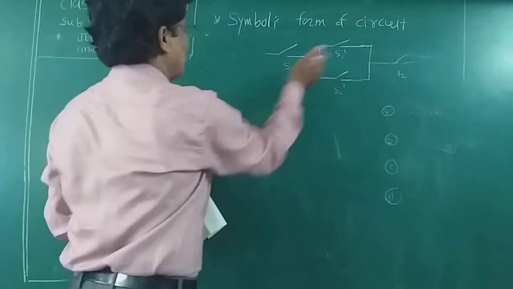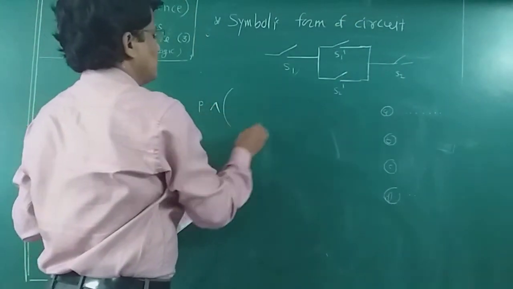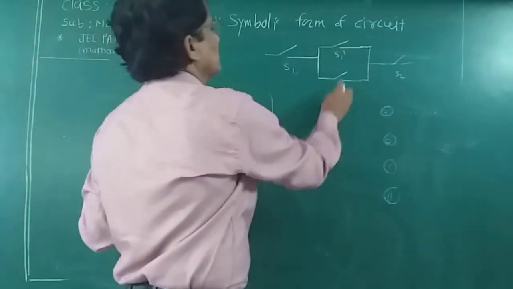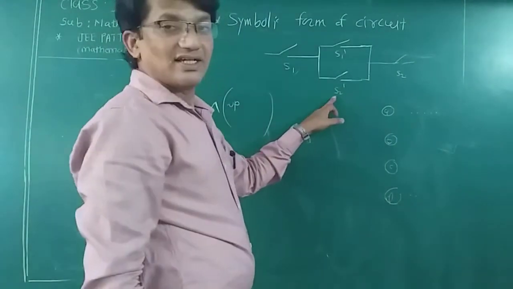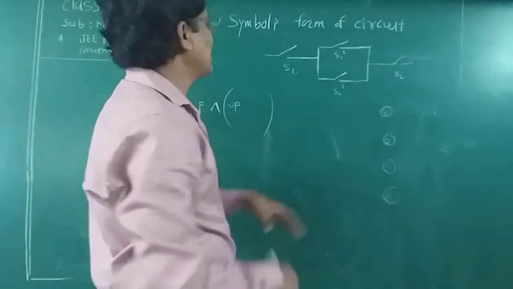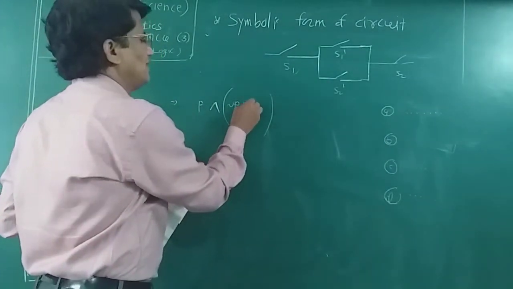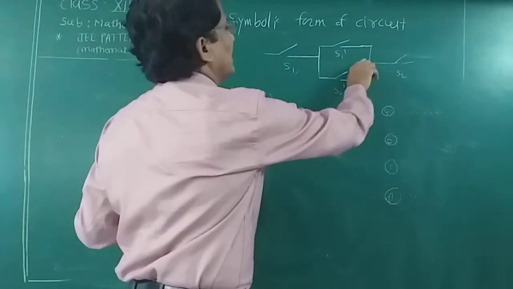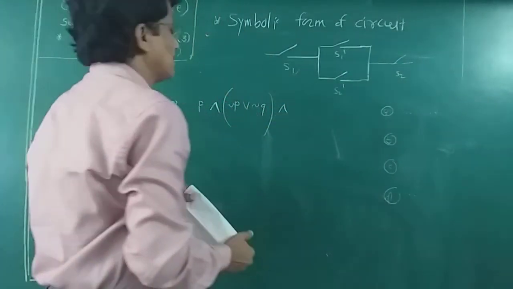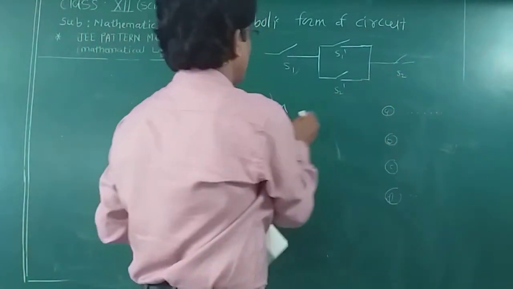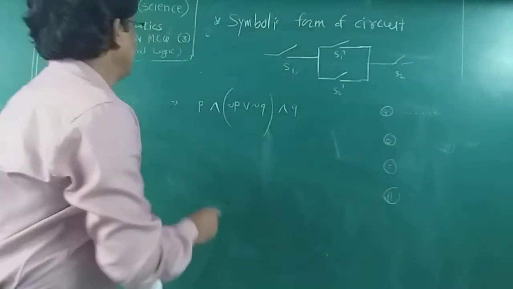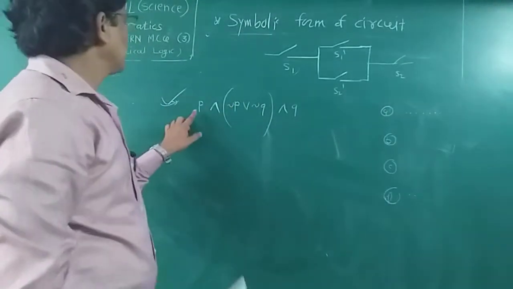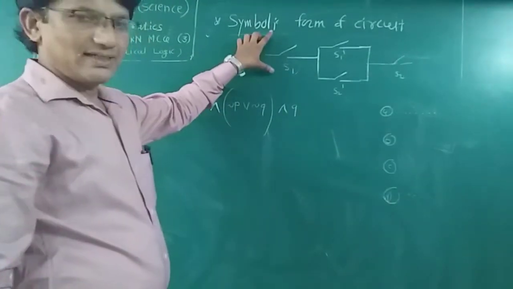Here are two parallel wires, so use a bracket. S1 dash is negation P. S2 is Q, but S2 dash is negation Q, with OR because they are parallel elements. Again the next part means use AND, and here S2 means Q. This is the symbolic form of the given switching circuit.